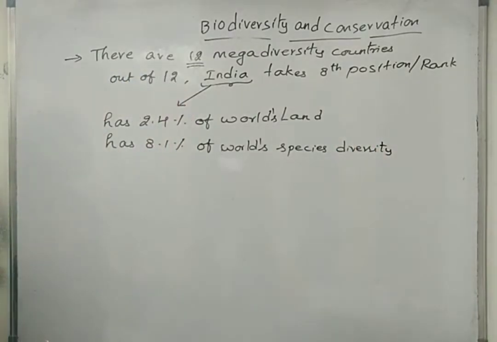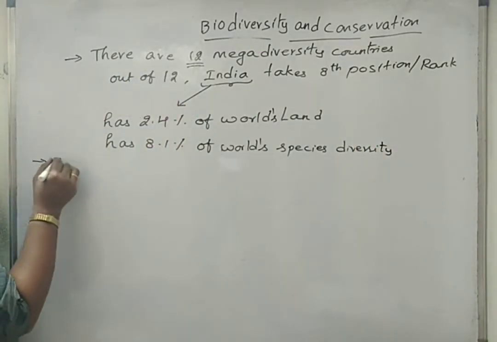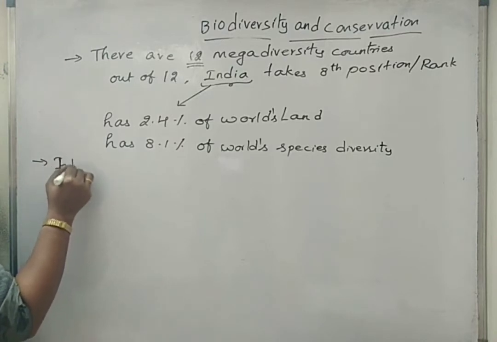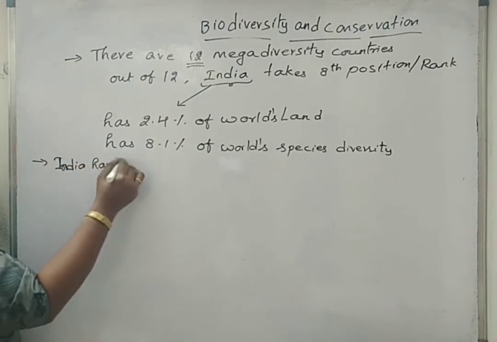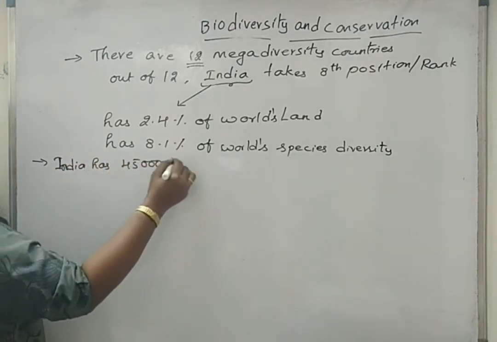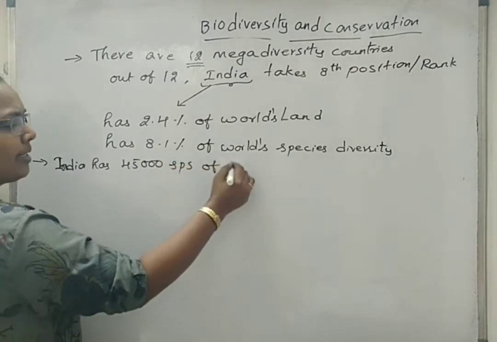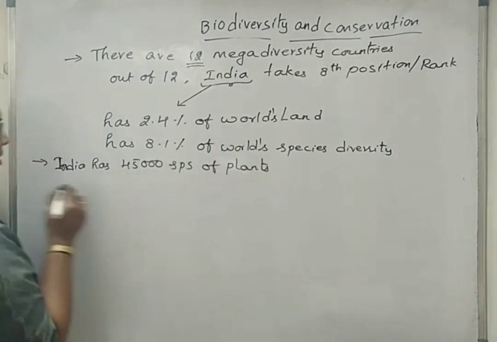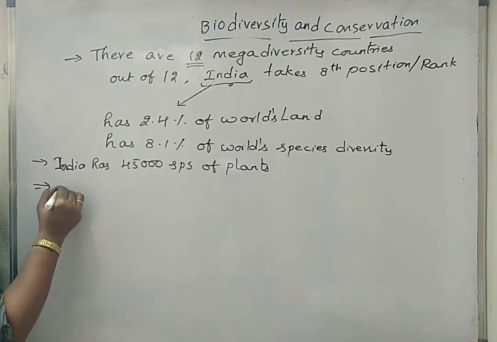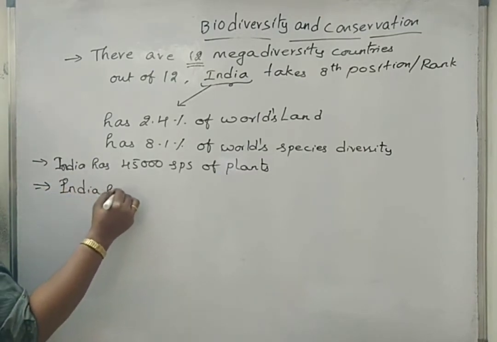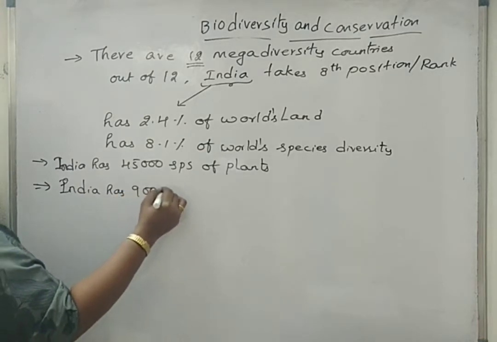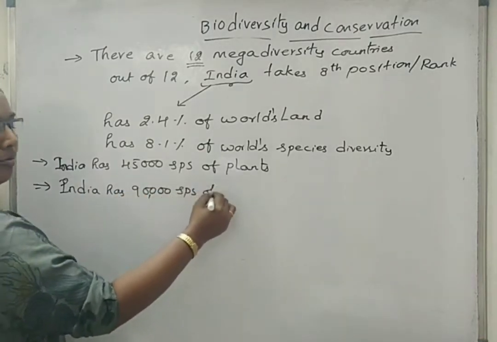These measurements are very important to remember. Next, India has 45,000 species of plants. And India has 90,000 species of animals.